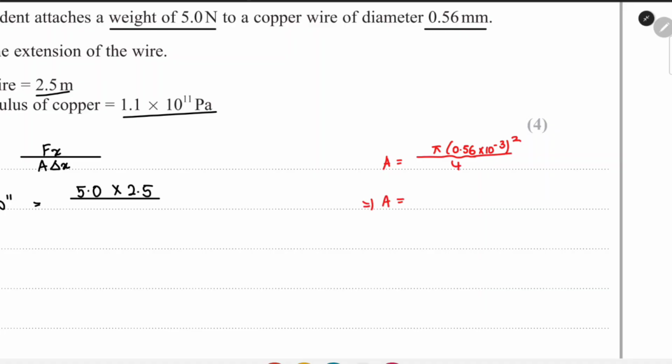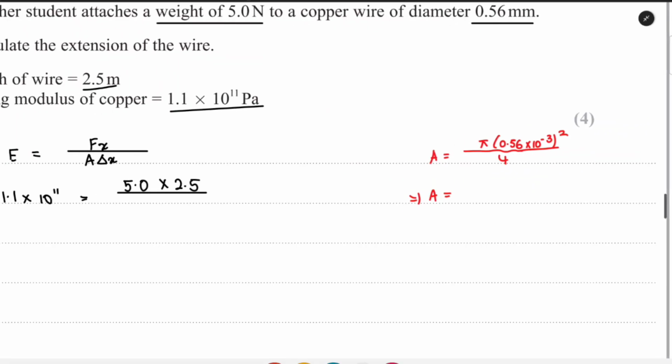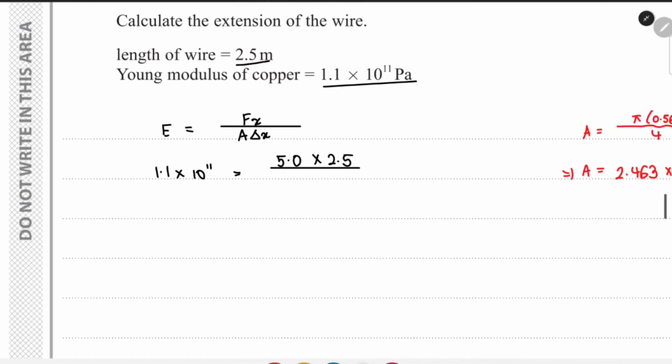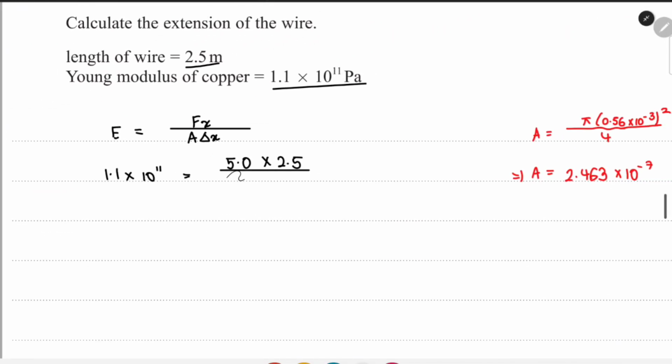You can keep it in the exact form in your writing as well. That would be more accurate, but for showing it might be too ugly, so I'll just do the approximate value. This comes out to be 2.463 into 10 to the power minus 7. So this is the cross-sectional area.